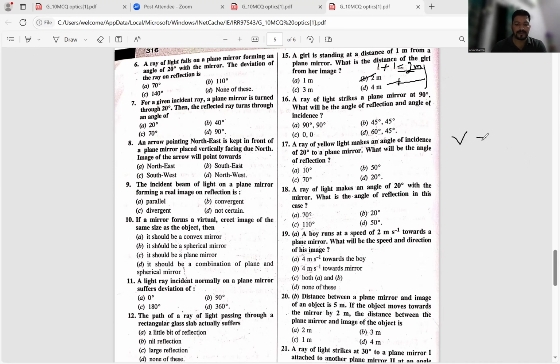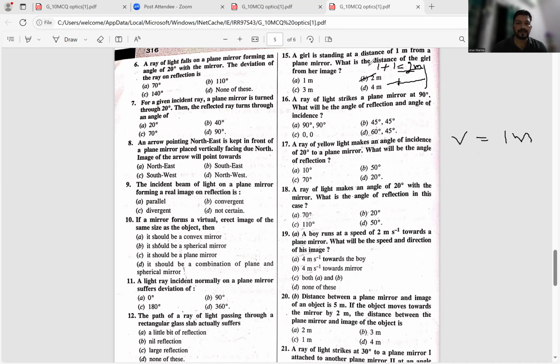The image distance is equal to 1 meter. So how to calculate the distance? The total distance is the sum of the object distance and image distance. So 1 plus 1 is equal to 2 meters.